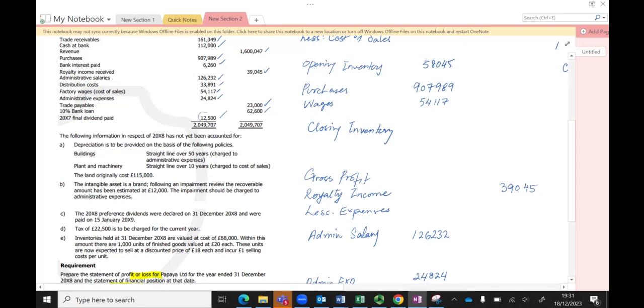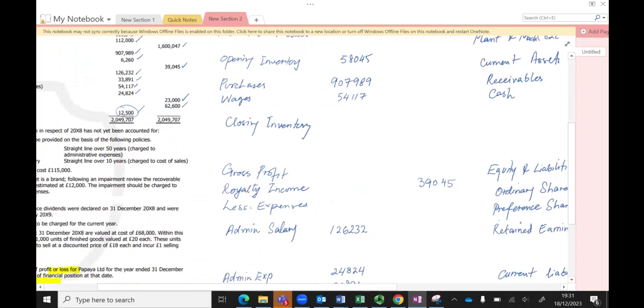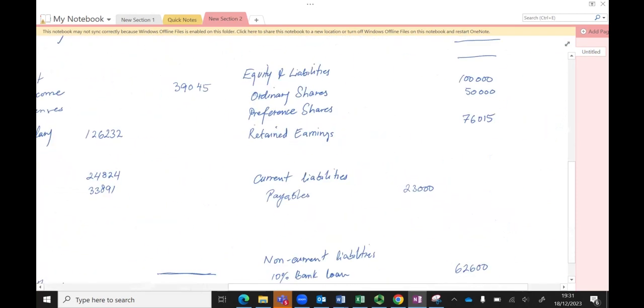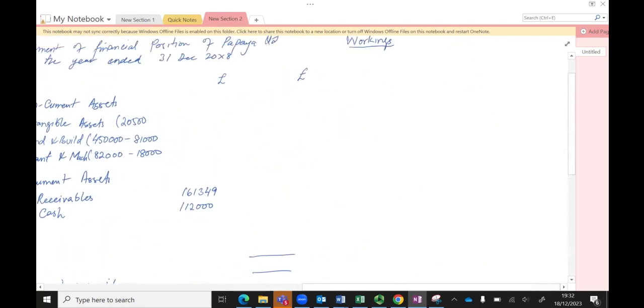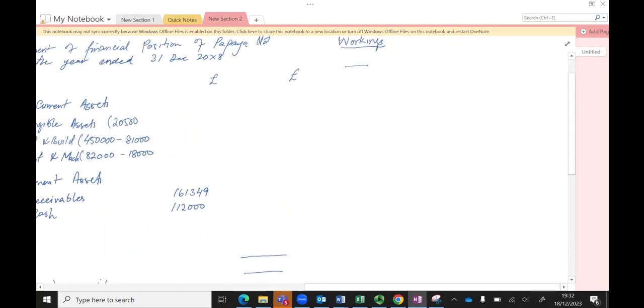Notice that dividend will be paid out of the retained earnings. So you can see that I already have a retained earnings figure of 76,000. Out of that, I will have to subtract 12,500. I can either show it as a separate working, or I can show it all in a bracket over here. I would prefer to do it as a separate working so that my format stays neat and tidy.